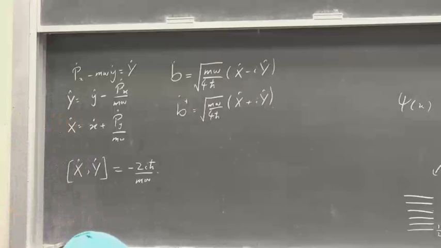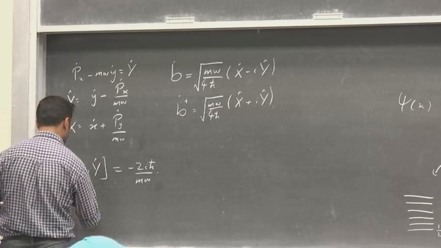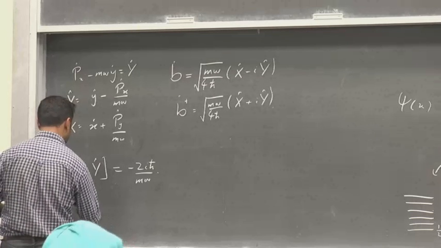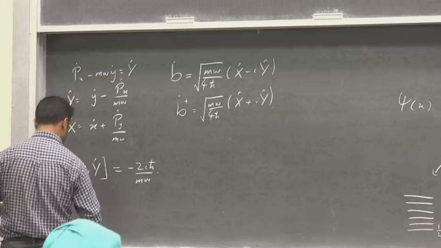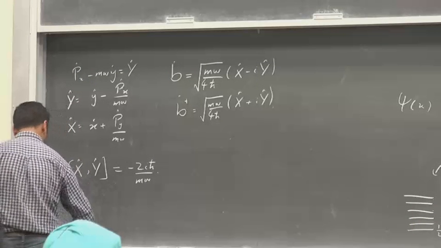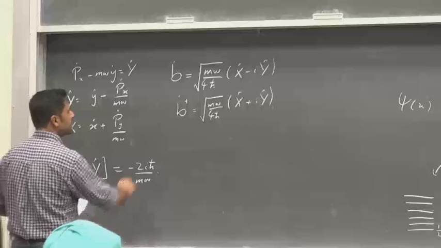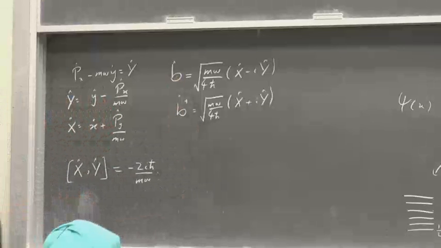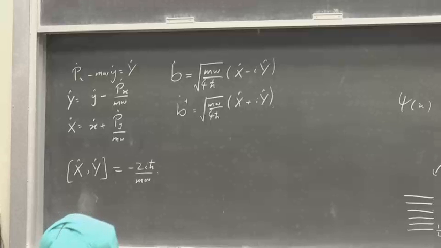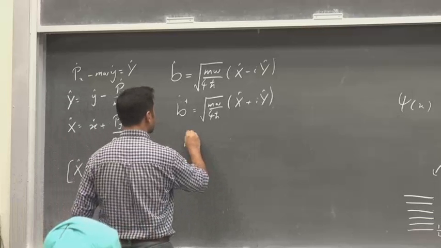The important point why they don't matter to the Hamiltonian is this. If you take these B hat and B dagger, you can compute this. This is almost obvious.